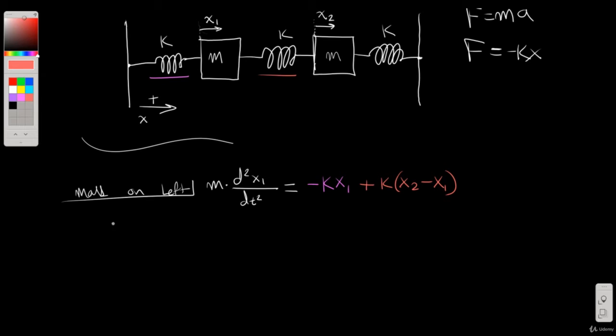And so if we look at the mass on the right, we apply a very similar line of argumentation. So once again, the mass is equal to d2x2. In this case, we now have our second mass, and the displacement is x2.